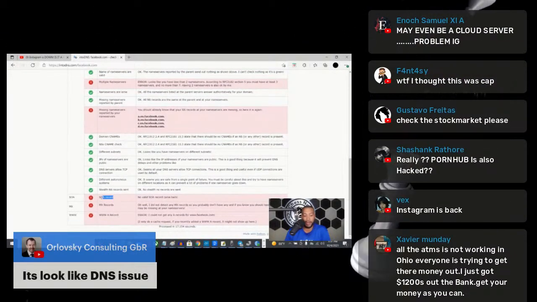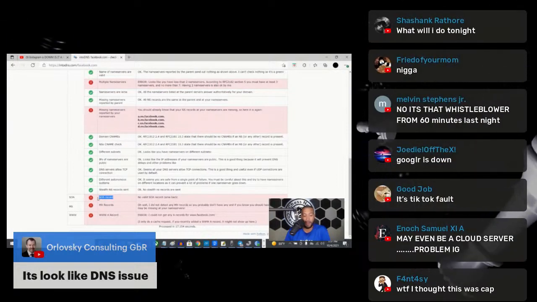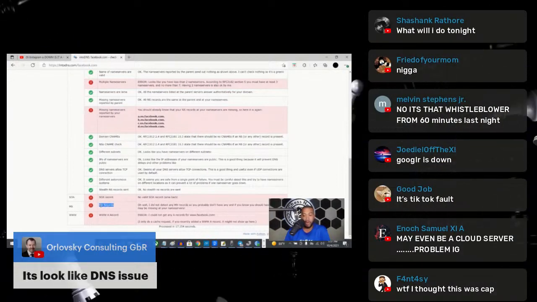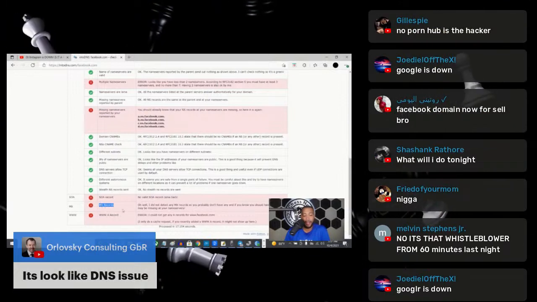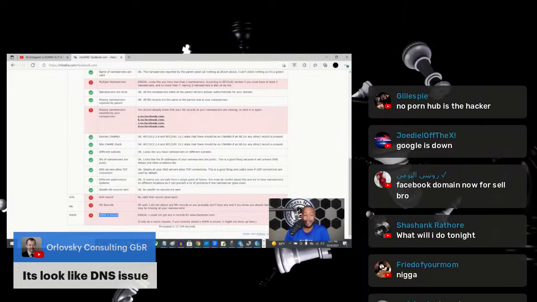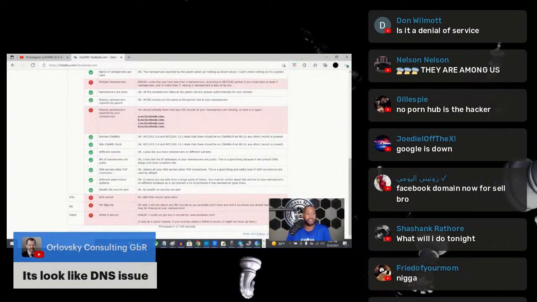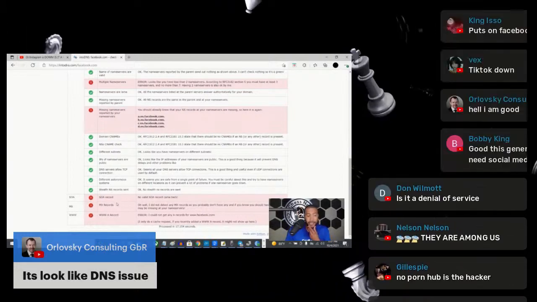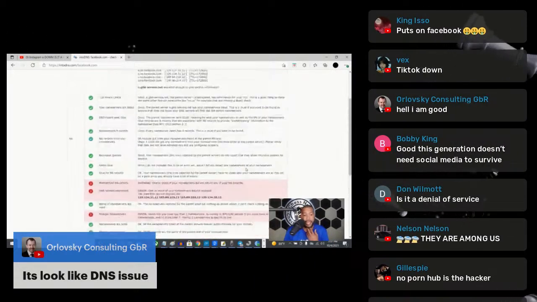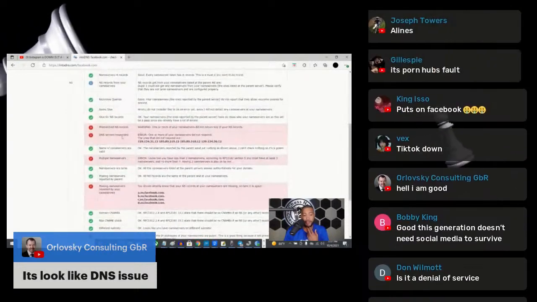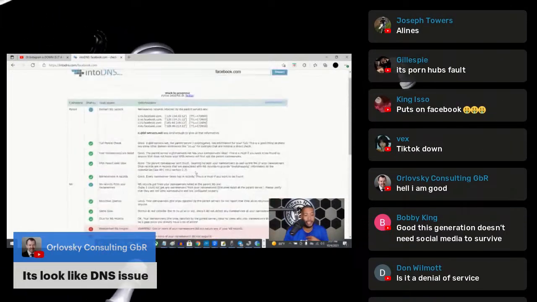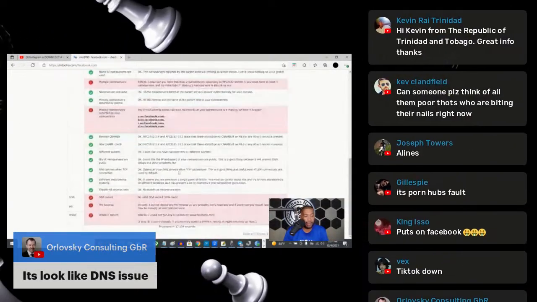We got no valid SOA record. We got the MX record, which controls emails on a domain, that's missing as well. And we got a missing A record, right? So that means a lot of things are happening here that they haven't fixed yet. They're still working on it because this will be fixed first, and then the site would come back online.